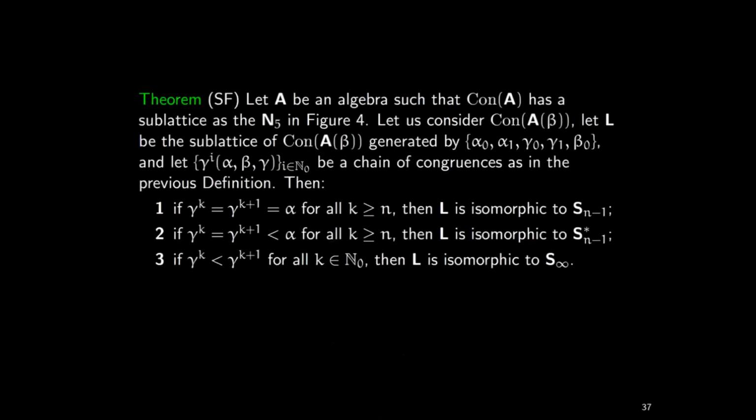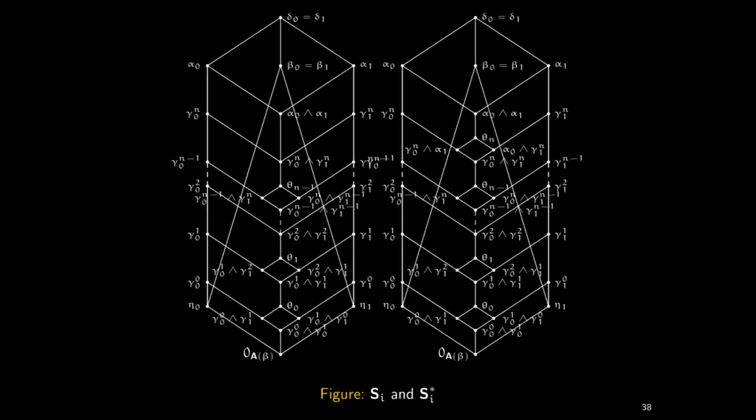You can also, with the same strategy, characterize the case of N5, when you don't restrict to an interval with only two congruences, and you obtain similar lattices, basically as before, but where the copies over the two kernels of the congruences are, of course, not copies of D2, but copies of N5.